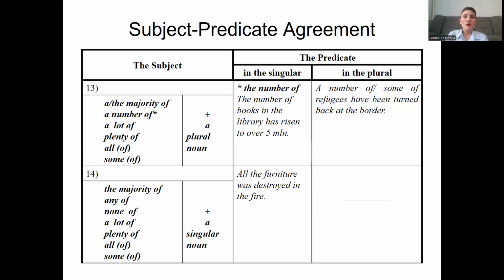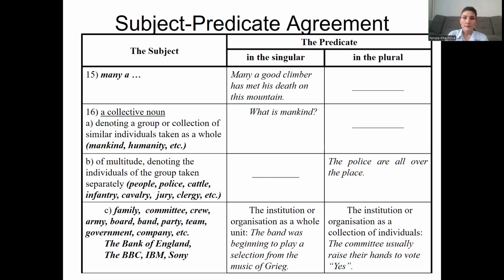The majority of, any of, none of, a lot of, plenty of, all of, some of, plus a singular noun. For example, "All the furniture was destroyed in the fire." "Many a good climber has met his death on this mountain." In the singular way.